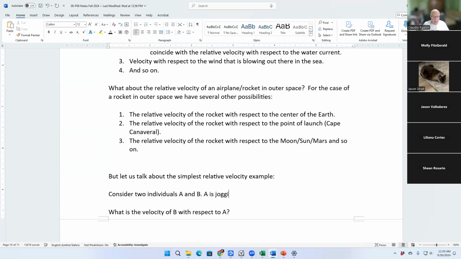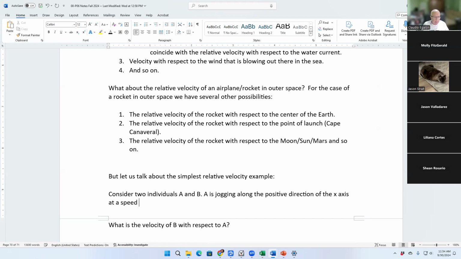A is jogging along the positive direction of the x-axis at a speed of 2 meters per second, and B is walking along the same direction with a speed of 1 meter per second.